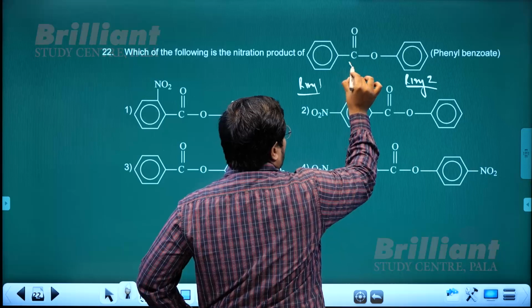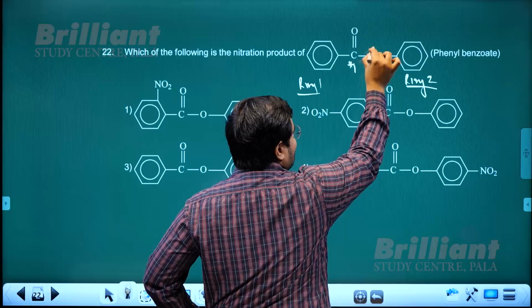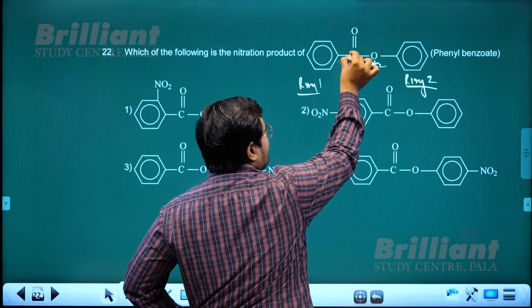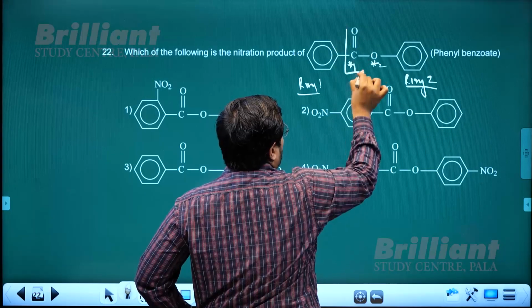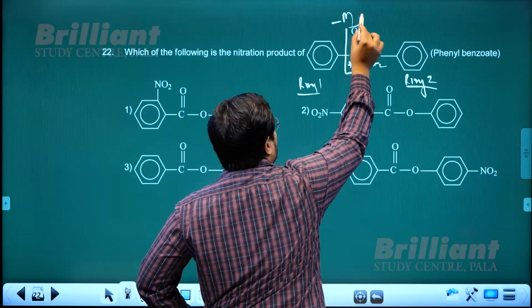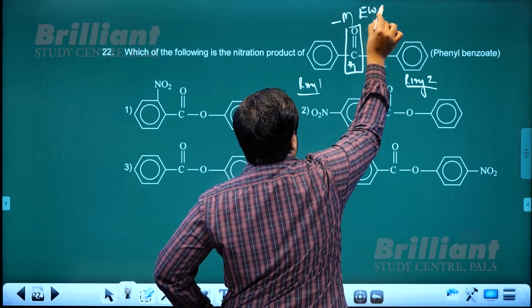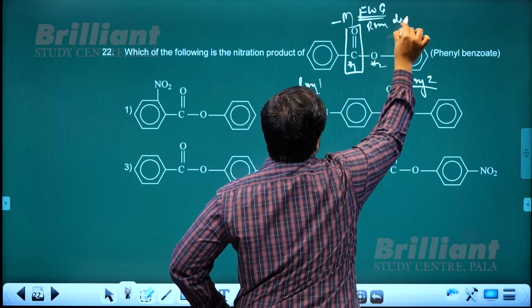So I am going to mark it as star 1 and this as star 2, as this is the key atom attached to ring 2. This is the key atom directly attached to ring 1. This group happens to be a minus M group, and minus M groups are electron withdrawing groups, or ring deactivating.